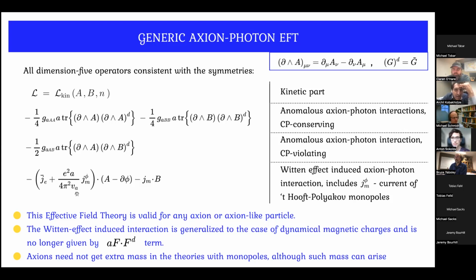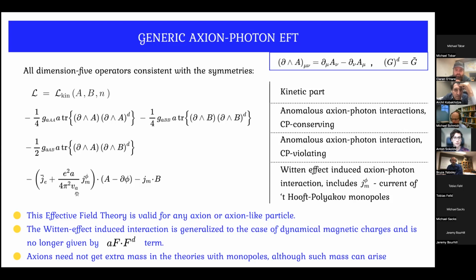This Zwanziger Lagrangian, or in principle the Schwinger Lagrangian, is just a low energy theory of any magnetic monopole, any magnetic charges. So it applies also to 't Hooft-Polyakov monopoles and to grand unified theories.